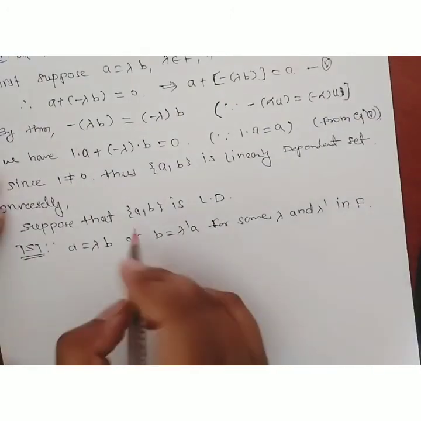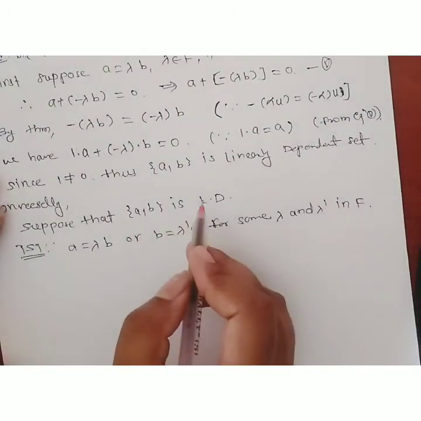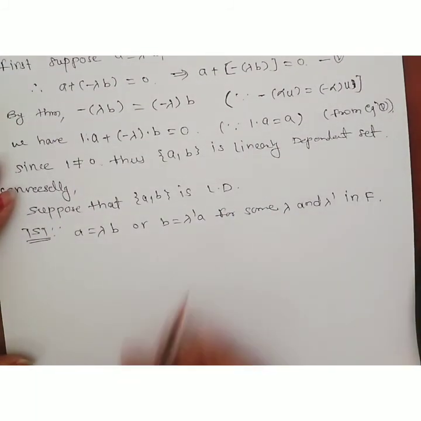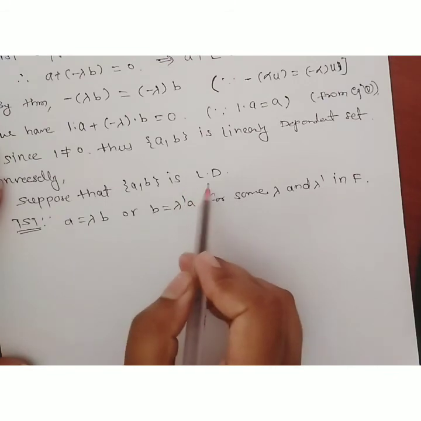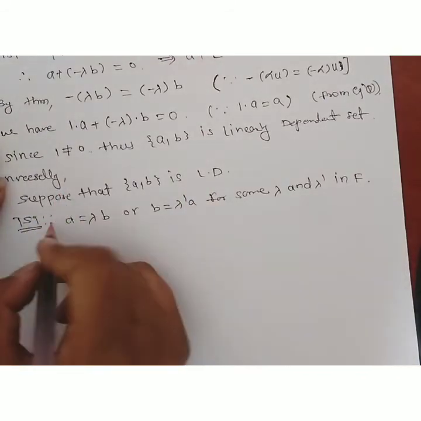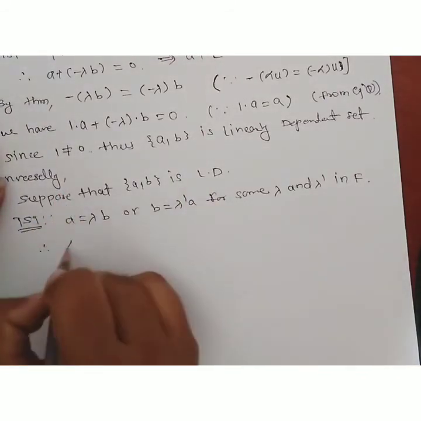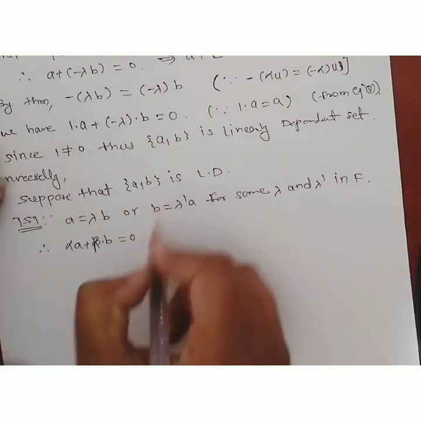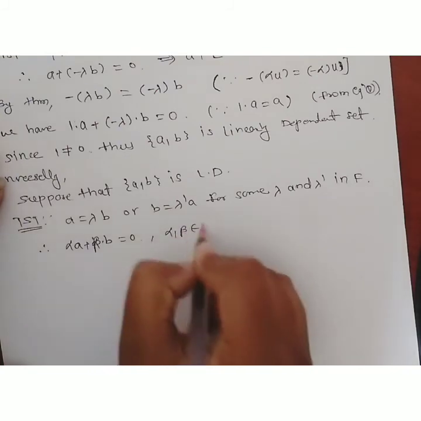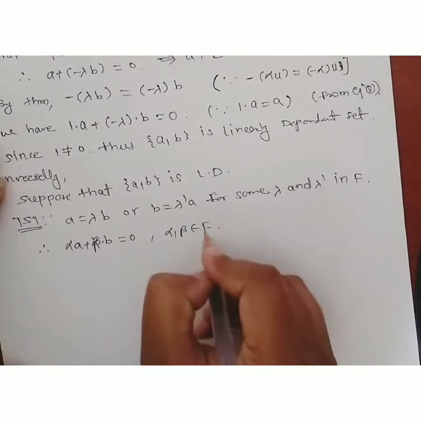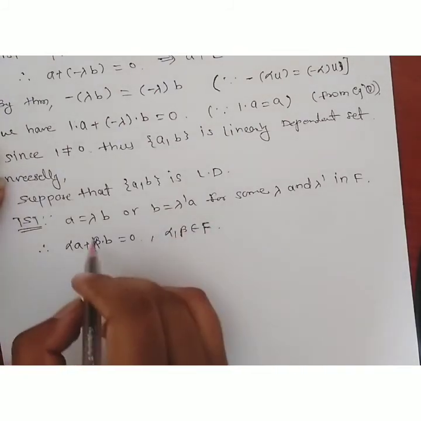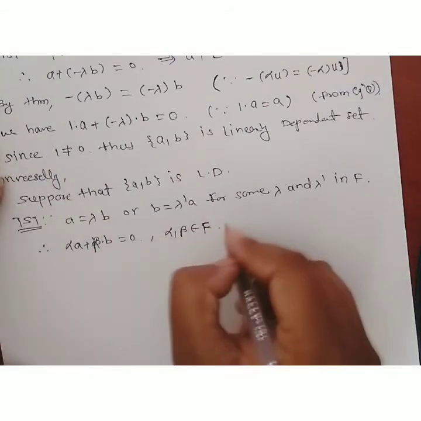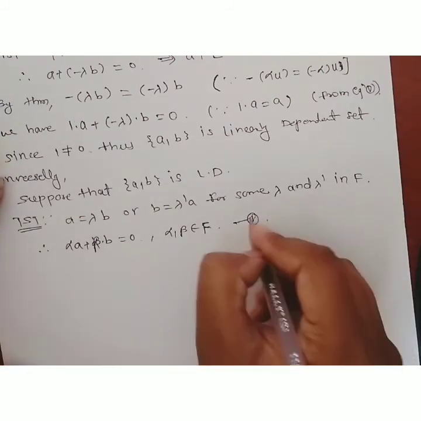Now since this set is linearly dependent, this implies alpha a plus beta b is equal to 0 for alpha, beta belonging to field F. This set is linearly dependent, so we have the linear combination alpha a plus beta b is equal to 0 for alpha, beta belonging to field F. Suppose this is equation second.